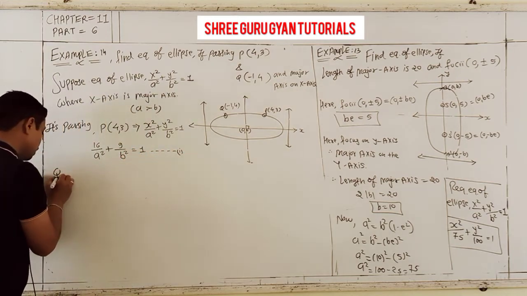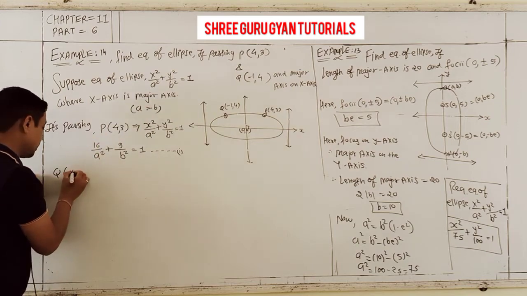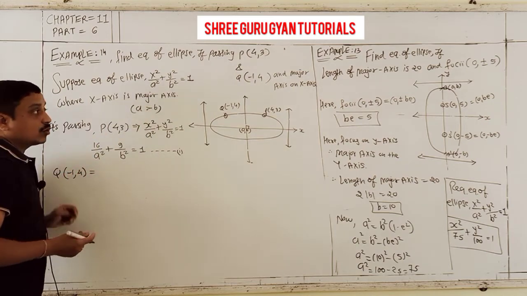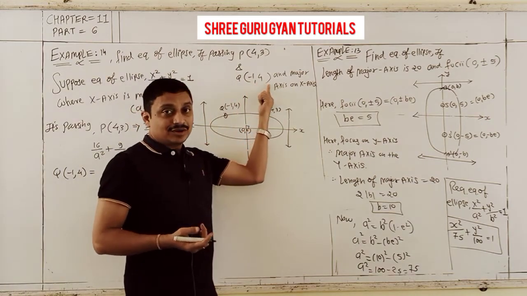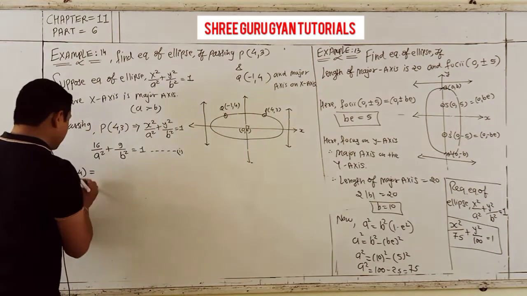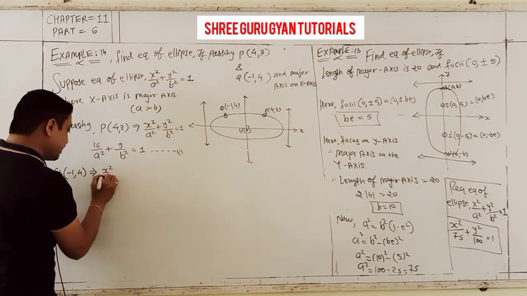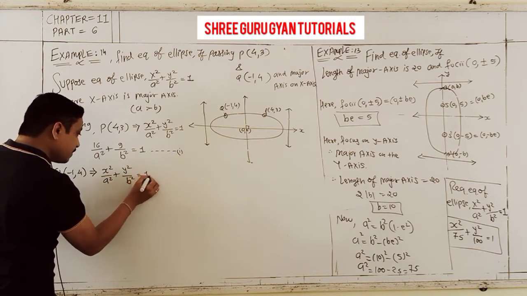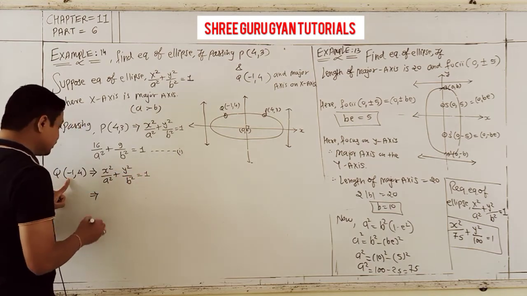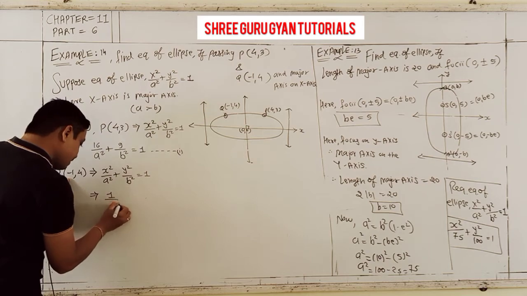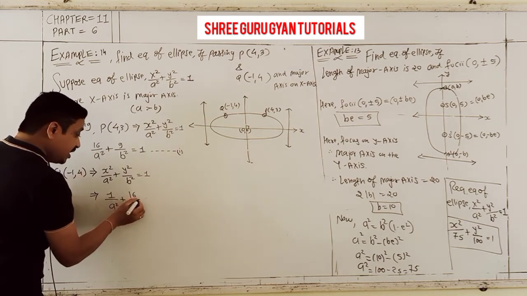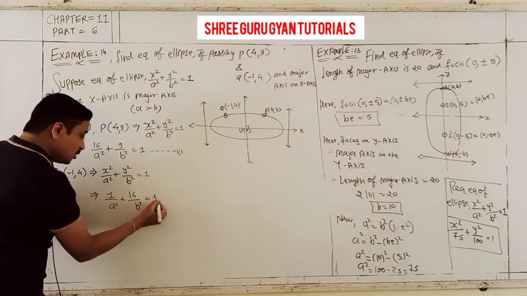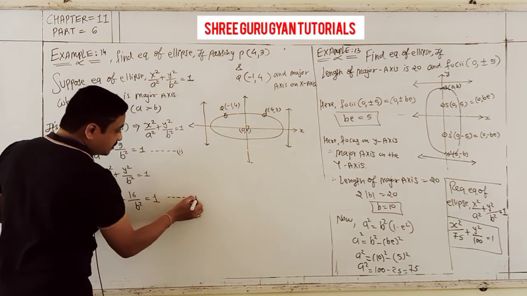The same applies for Q, which is (minus 1, 4): x square by a square plus y square by b square, and you apply it: x is 1 square, y is 4, so 1 by a square plus 16 by b square equals 1. That's equation number 2.